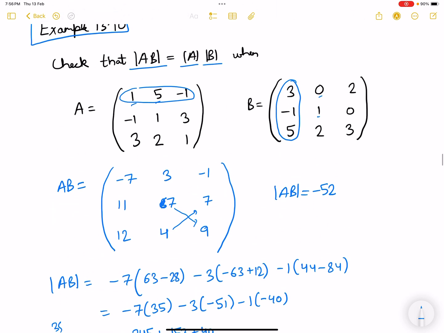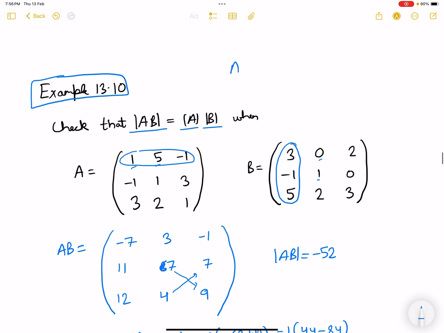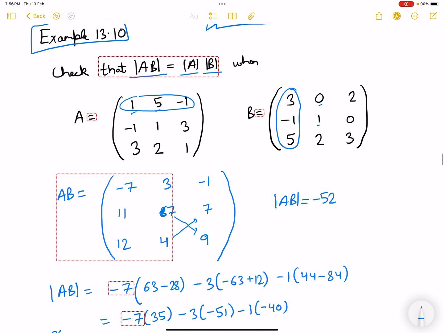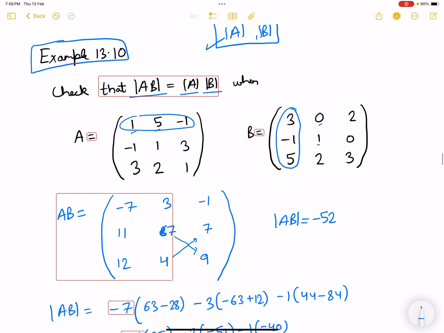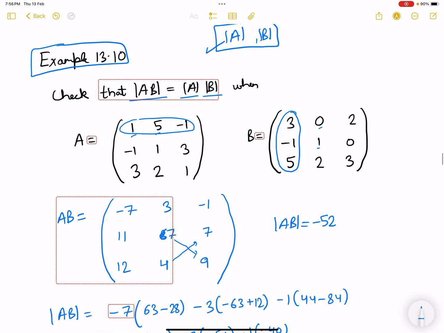Now looking at the determinant of A, you know how to find the determinant of A as well as of B. So I'm giving you 2 minutes to solve this and just verify whether the answer comes out the same or not. This is a basic example, so I would expect you to do it. It is 7:56. I'll give you till 7:59 to solve this.